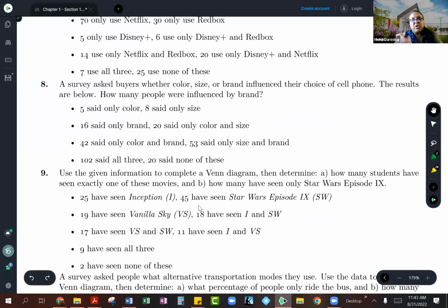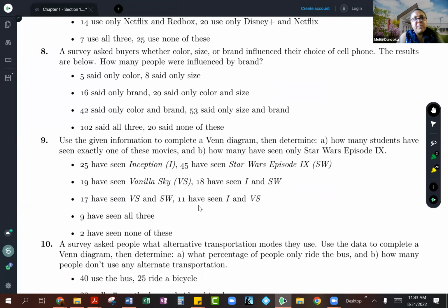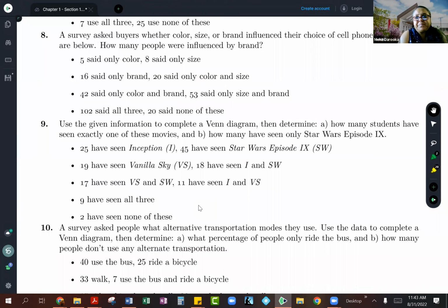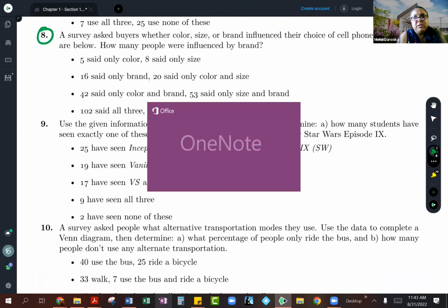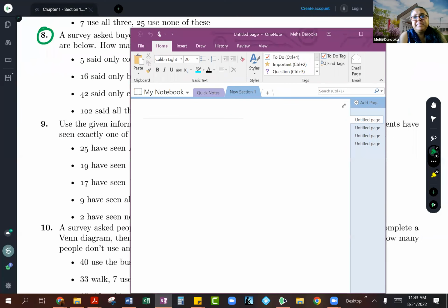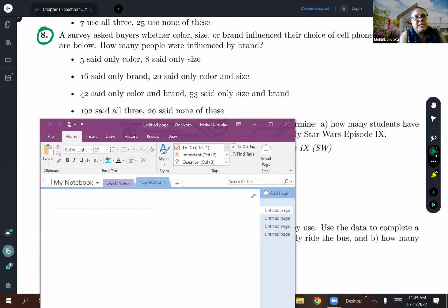So like I said, we'll work on number 8 over here. So we need to come up with our own Venn diagram for this. Okay, so let's see all the information we have. A survey asked buyers whether color, size, or brand influence their choice of cell phone.